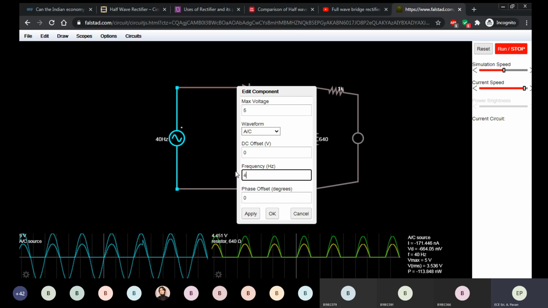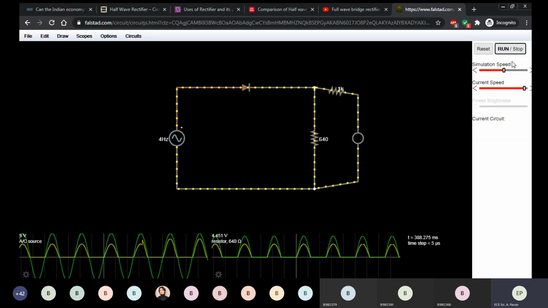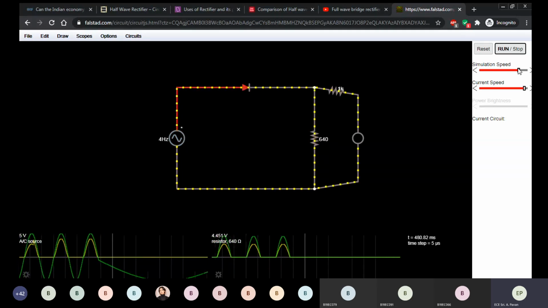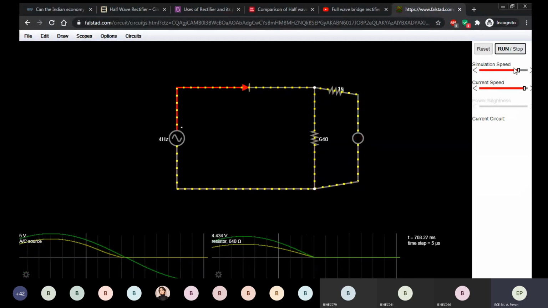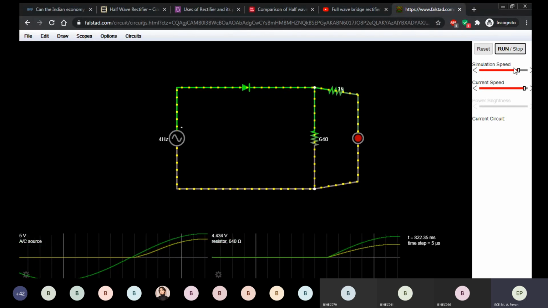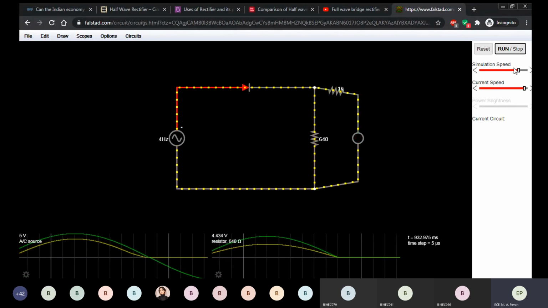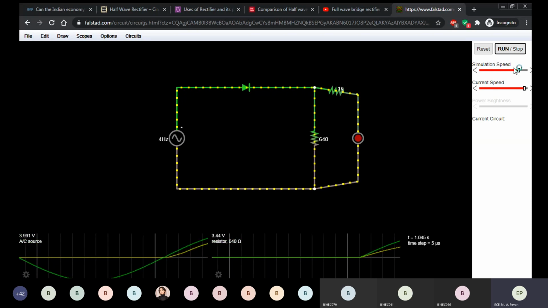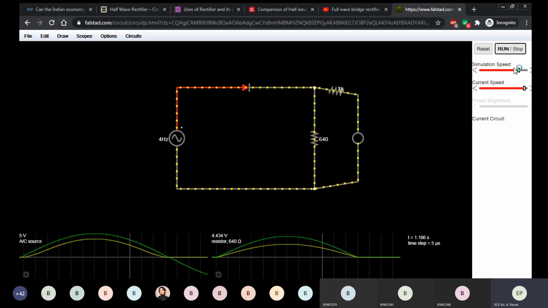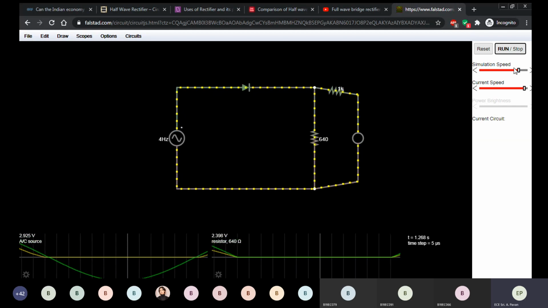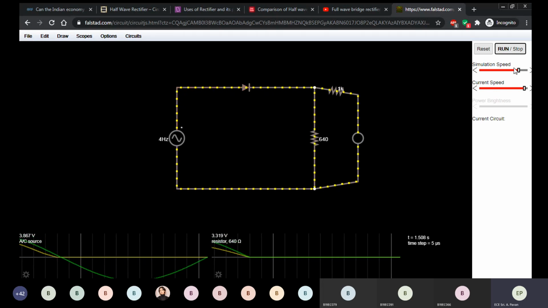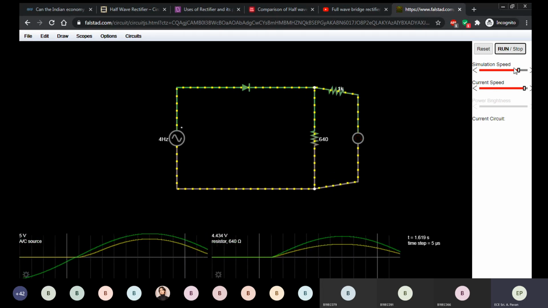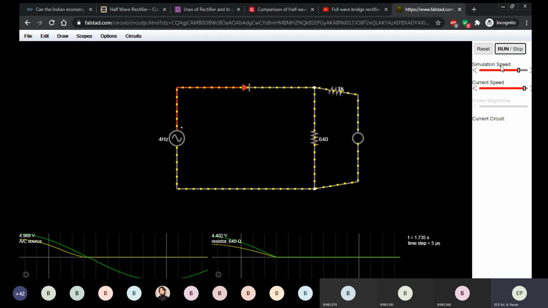Now, if you would like to see the same thing in slow motion, concentrate here. See here, and just click on run. Negative cycle, 0, positive cycle, on, negative cycle, 0, positive on, negative 0, right?